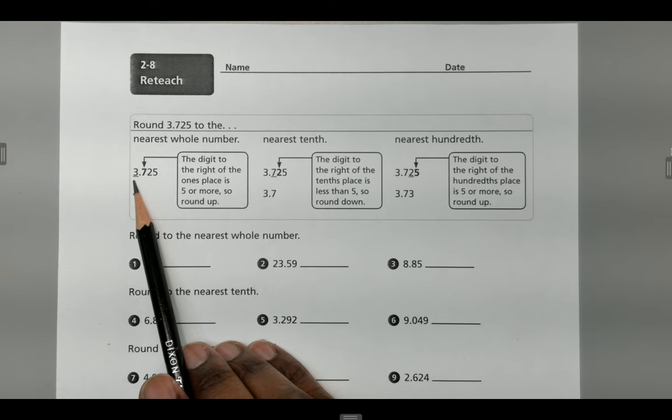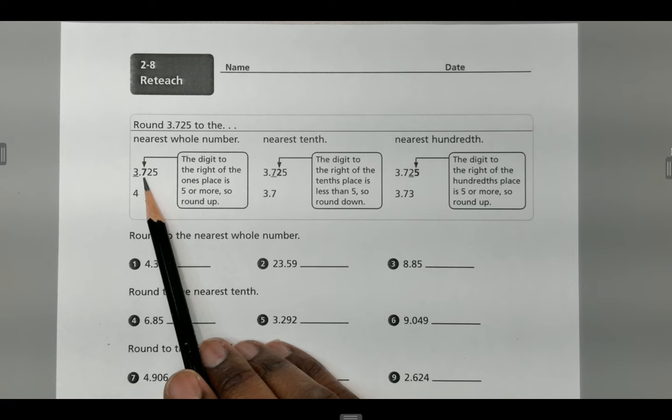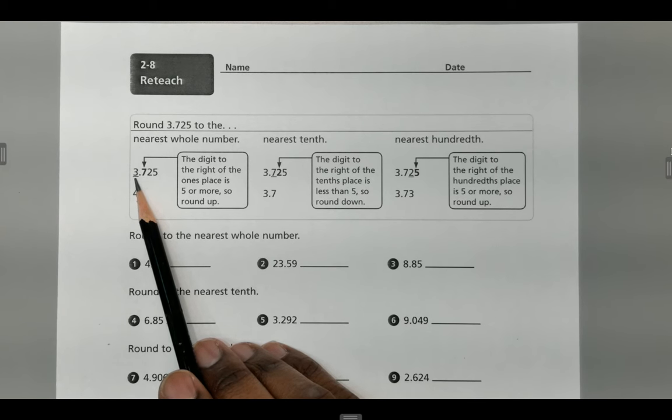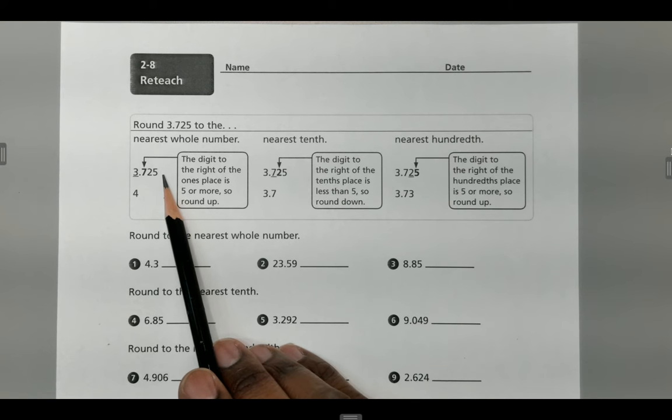We underline the place value we're rounding to, and then we take a look at the digit to its right. If this digit is 5 or more, then we raise the score on what we've underlined and drop everything else.